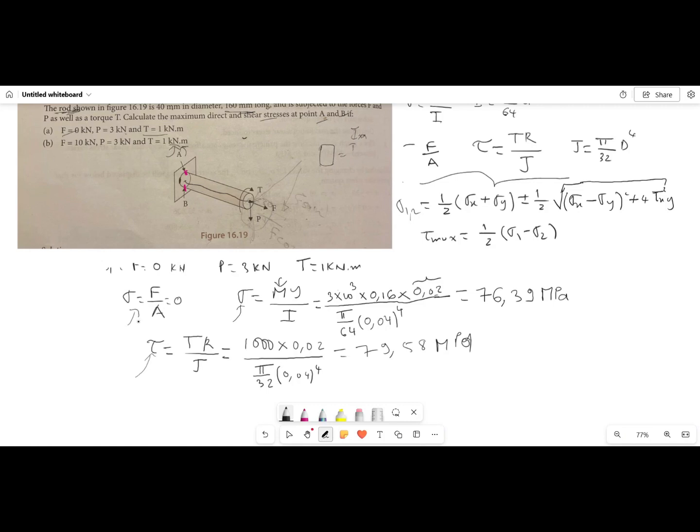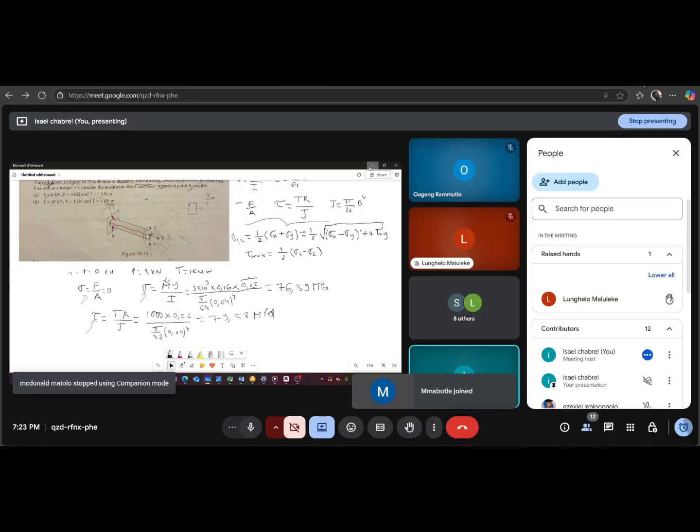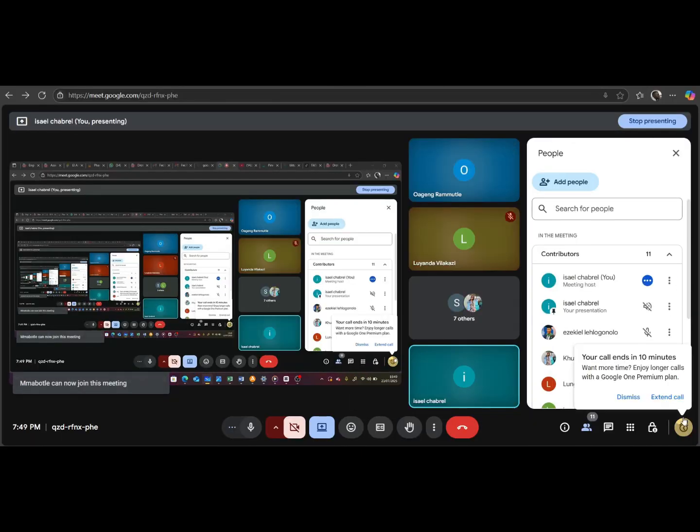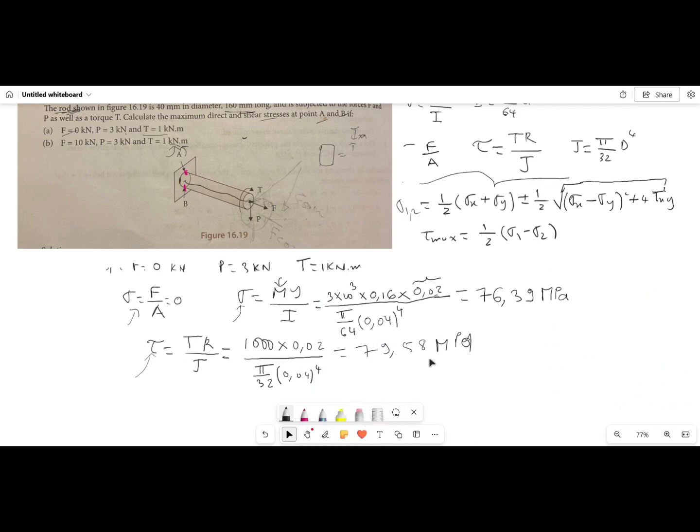What is important is to know which one is sigma x and which one is sigma y. Very, very important area. Let me check how much time we have left. Yeah, 10 minutes is a lot. A lot can happen in 10 minutes.